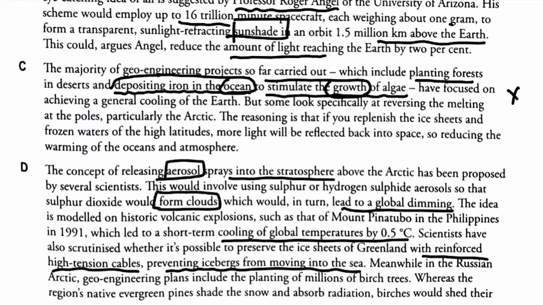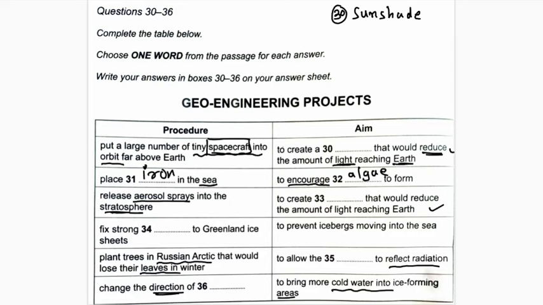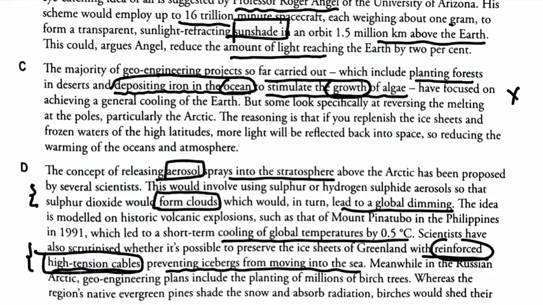Preserve the ice sheet of Greenland with reinforced high tension cables preventing icebergs from moving into the sea. So guys, first this line, and now these two lines have mentioned something which we relate with the lines. Just check guys. Fixed strong dash to Greenland ice sheet to prevent icebergs moving into the sea. Guys, fixed strong Greenland ice sheet. So what do you have? Fix. So it is the high tension cables.